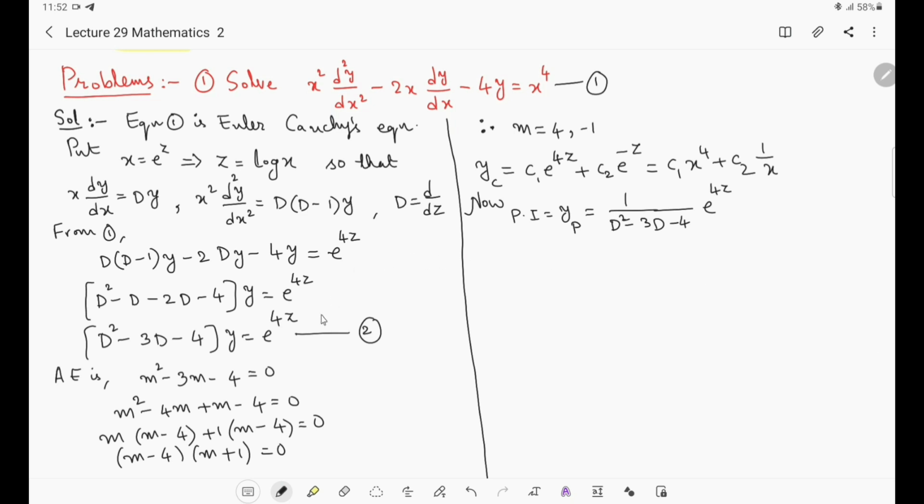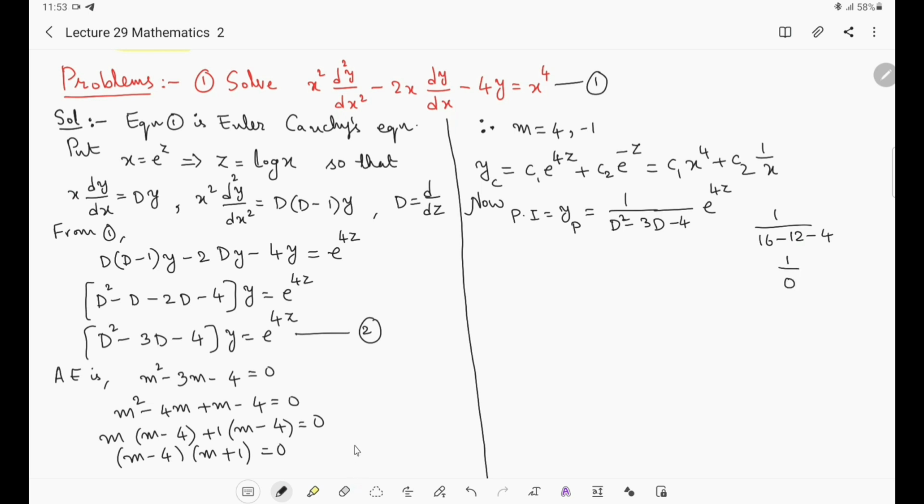Because e power az is in the form of e power ax, that is the first case: D should be replaced with a. If we do this, we get 1 by 4 square, which is 16, minus 3 times 4, which is 12, minus 4. So 16 minus 12 minus 4 gives 1 by 0, which is a failure case, right?